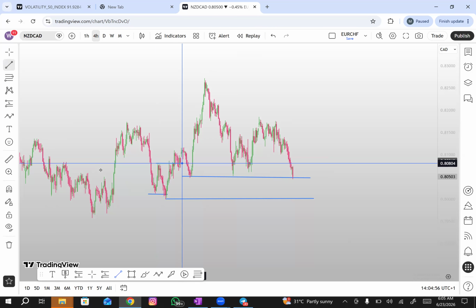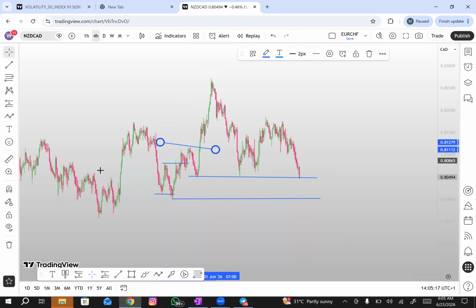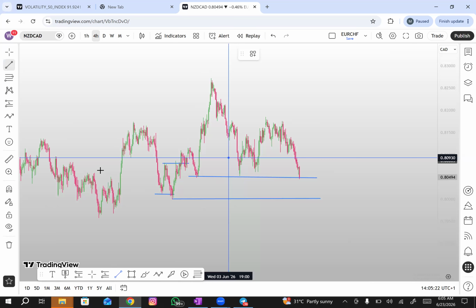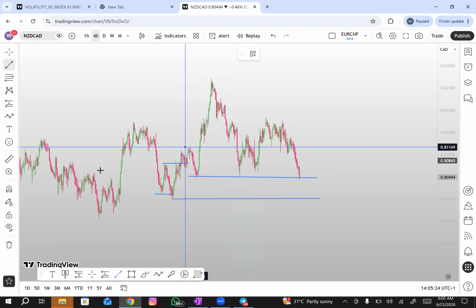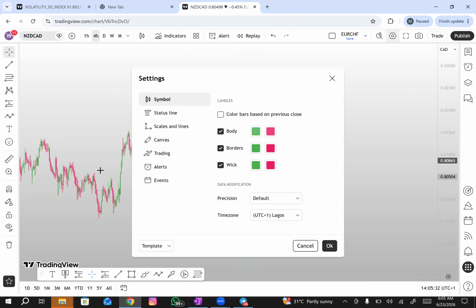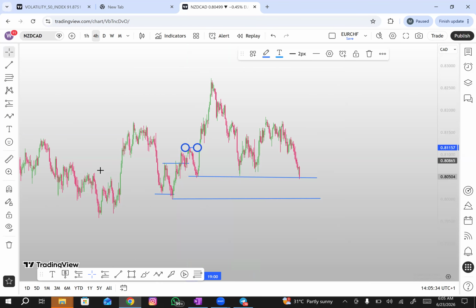And then we have a second break of structure right here. You see that? We have our second break of structure right there.